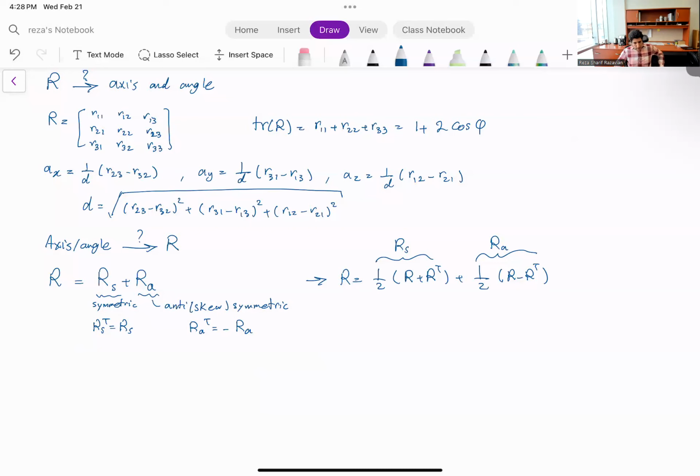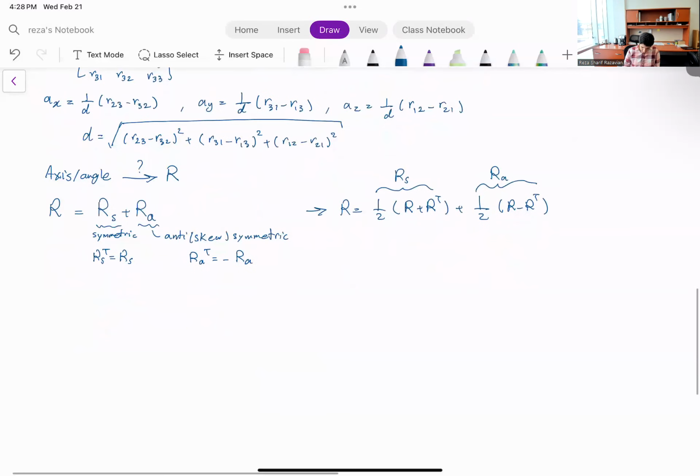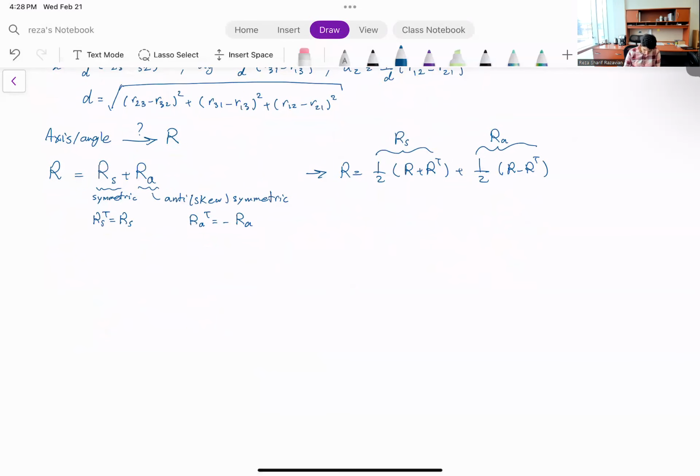With these definitions, it is slightly easier to work our way from axis angle to find the R. The symmetric part is cosine of phi times the identity matrix, 3 by 3 version, plus 1 minus cosine of phi times A A transpose.